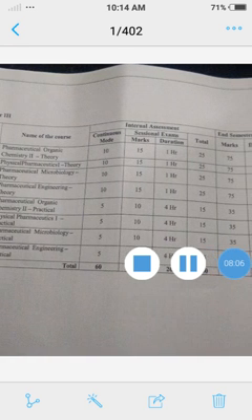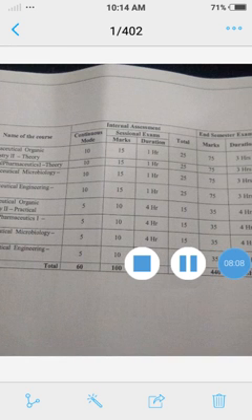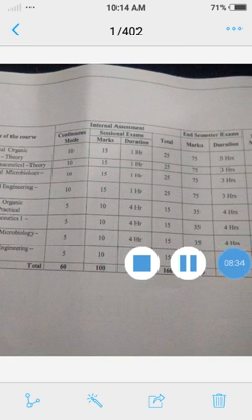Then 15 marks for your sessional examination, sessional 1 and sessional 2. That is total 25 marks for your internal assessment: 10 marks for continuous mode and 15 marks for your sessional examination.